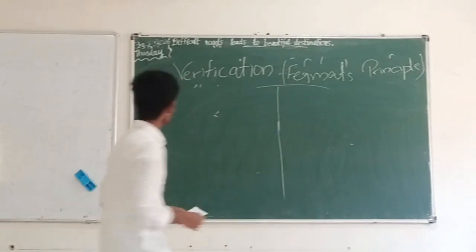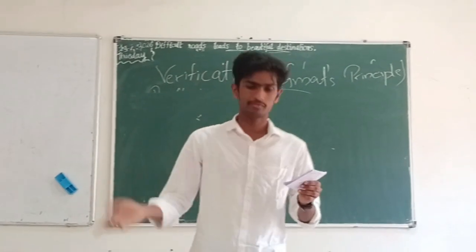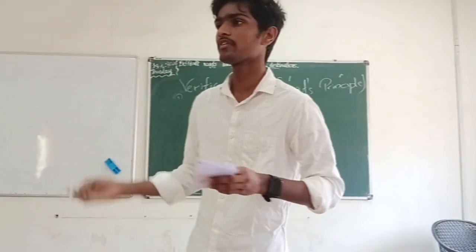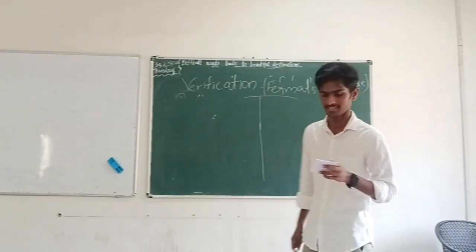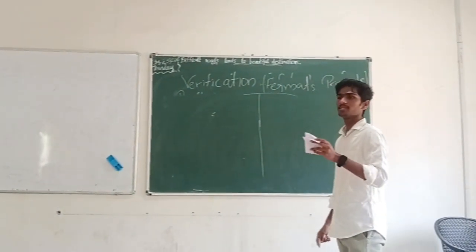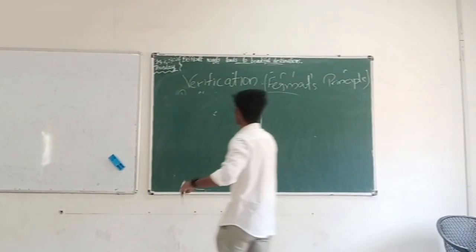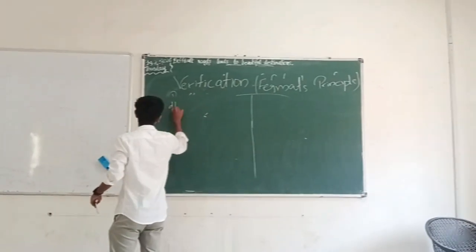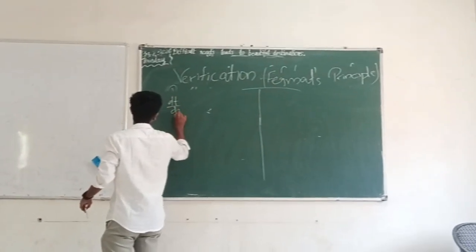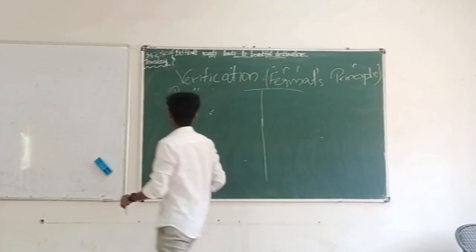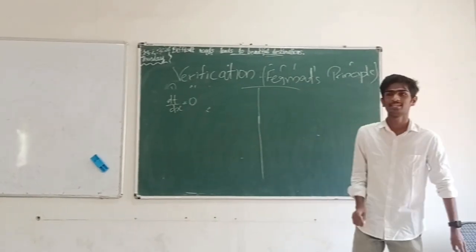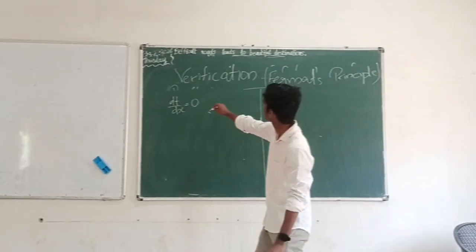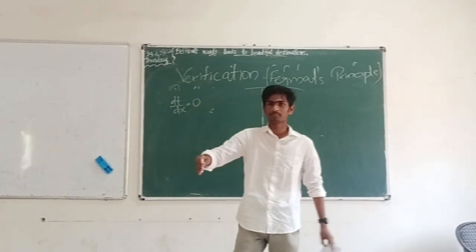Right? So my topic is not Fermat's principle. My topic is verification of laws of reflection and refraction. While explaining Fermat's principle, Telpa introduced the relation dt by dx is equal to 0. Why is that? Because according to Fermat's principle, time will be minimum.